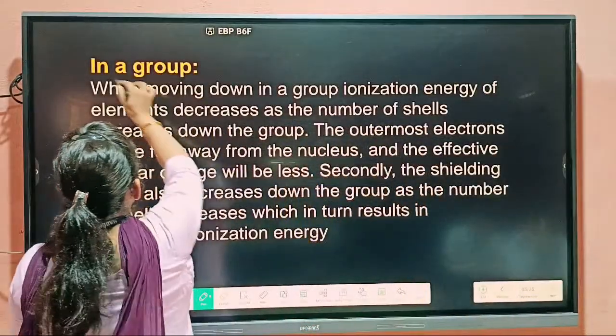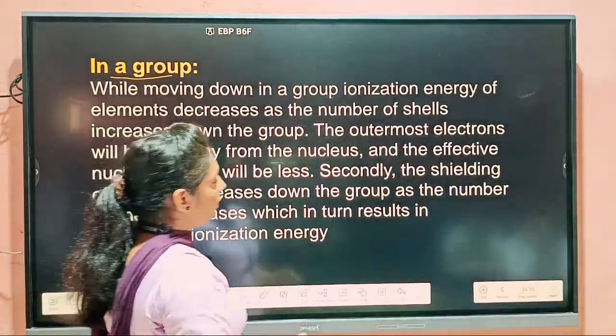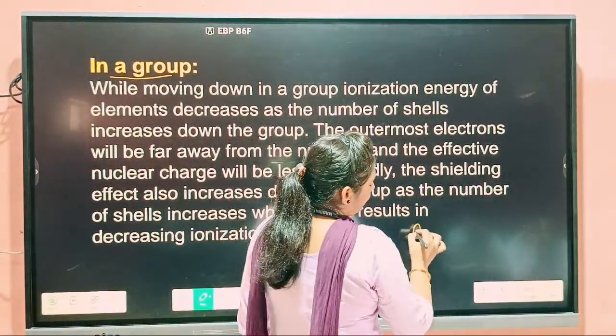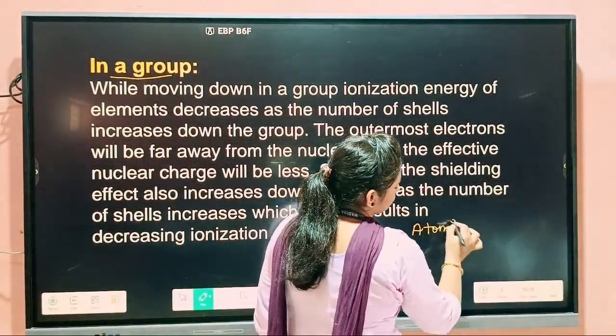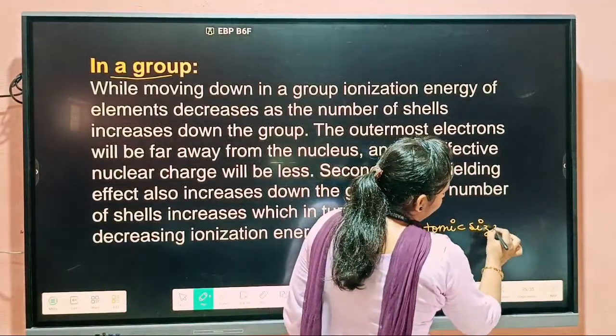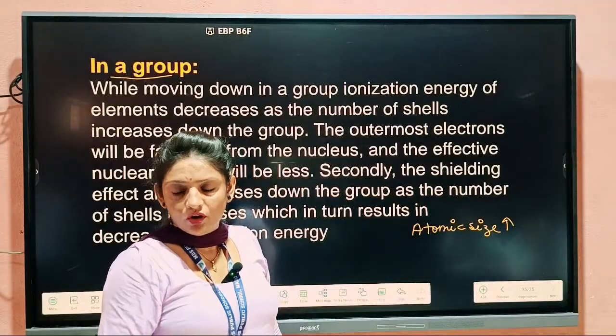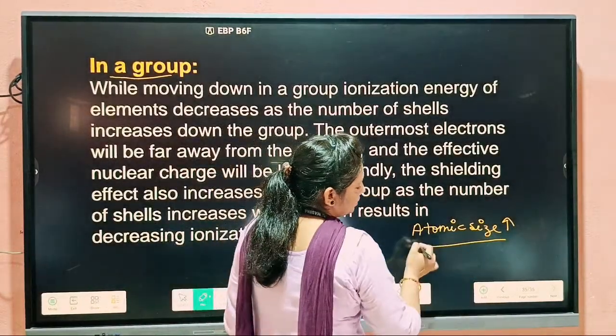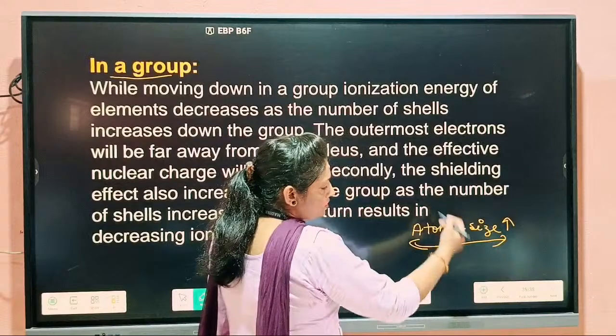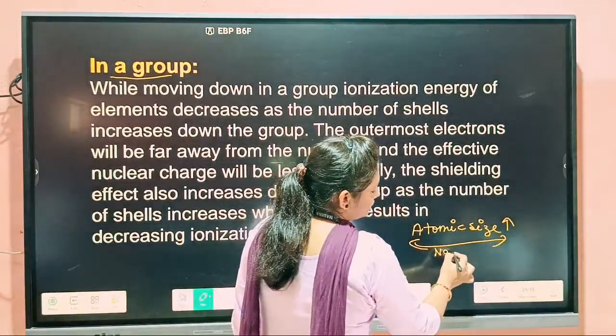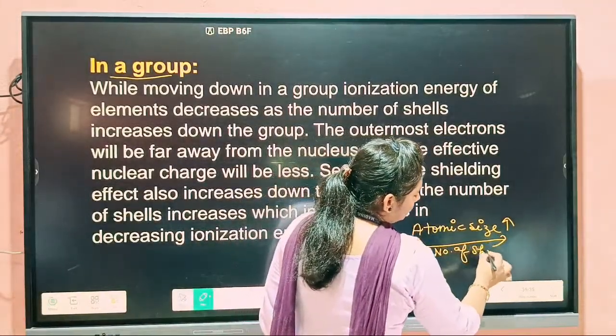And if you move in a group, you know very well, atomic size increases when we move from top to bottom. Why is it so? Because down the group the number of shells increases.